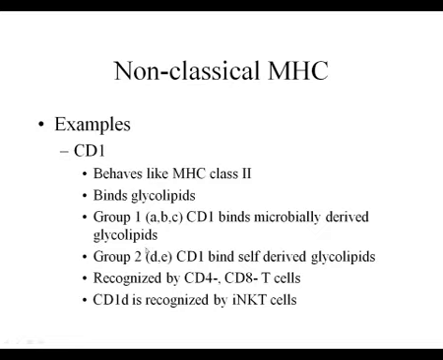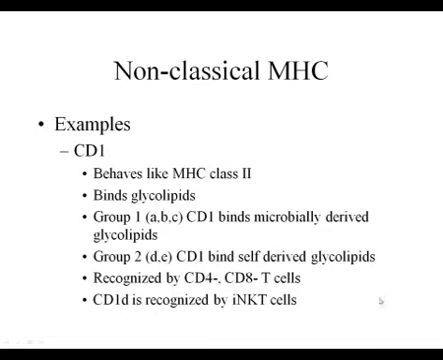And then there's group 2, which is CD1D and CD1E, which bind self-derived glycolipids. When CD1 is presenting a glycolipid, it is recognized by T cells that are not positive for CD4 or CD8.